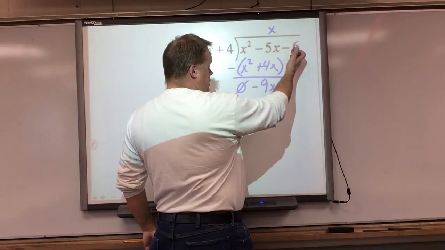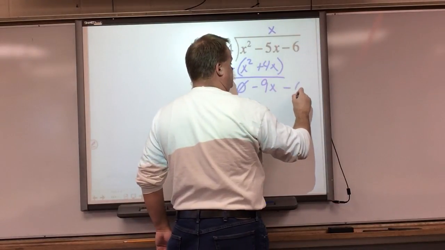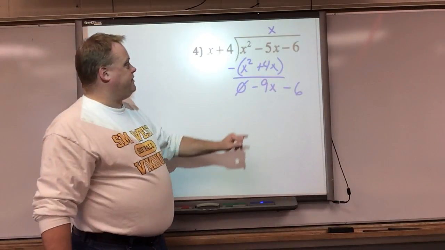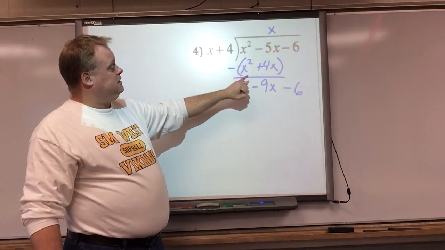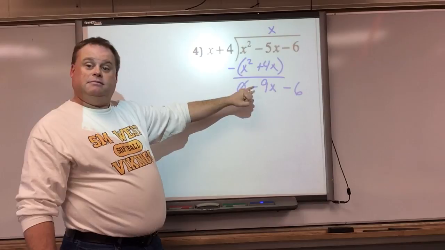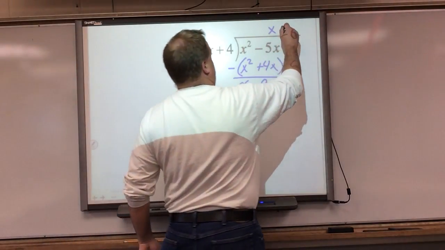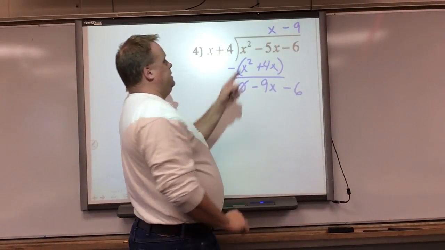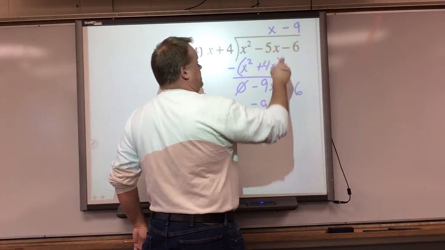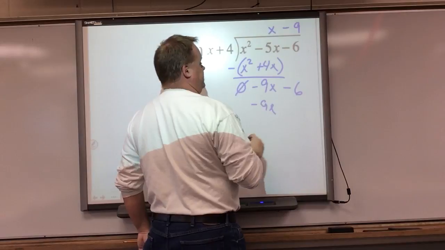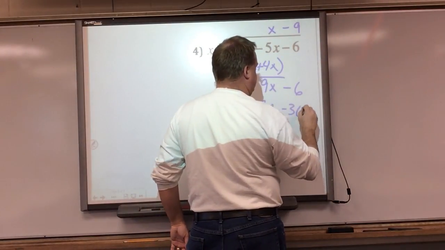Bring down the negative 6. What do I have to multiply this x by to get negative 9x? Negative 9. Negative 9 times x is negative 9x. Negative 9 times 4 is a negative 36.